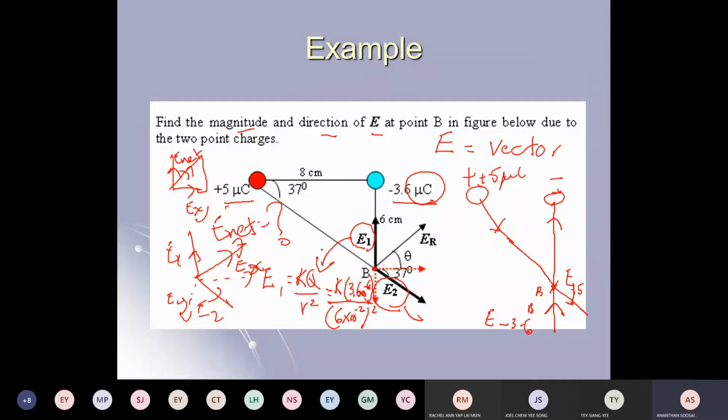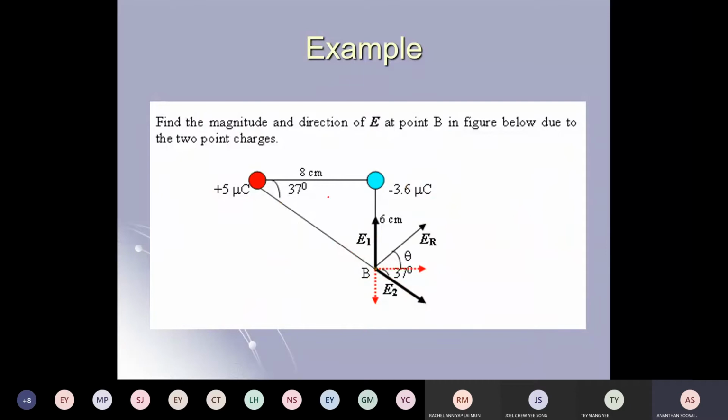So first thing, I'll just erase this. My expectation is when you read this question, you must imagine that E1 is acting vertically up, E2 acting diagonally here. Then you should recall the formula kQ over r squared to get the values, and you should know not to put the sign of the charge here.